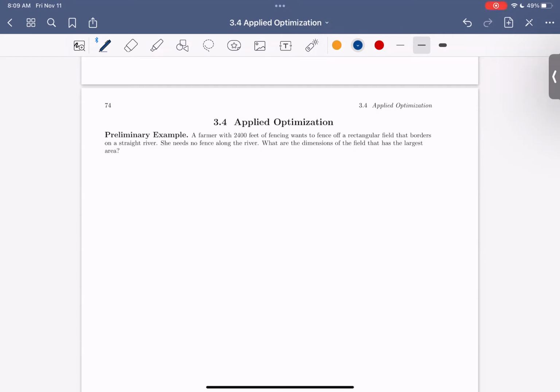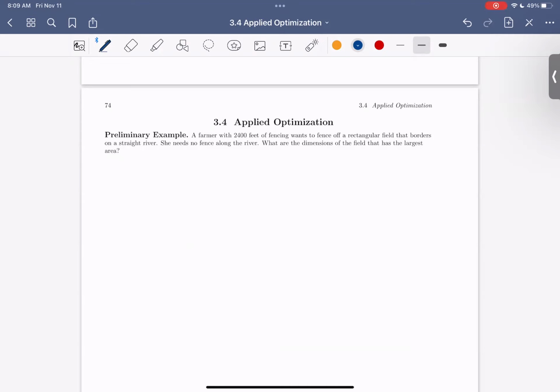For example, we might want to optimize profits, minimize expenditures, optimize fuel efficiency. There are a lot of situations, and maybe you can think of some yourself. In this section, we are going to be looking at some specific examples of applying optimization.